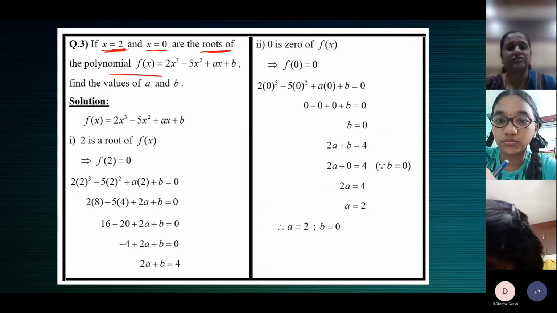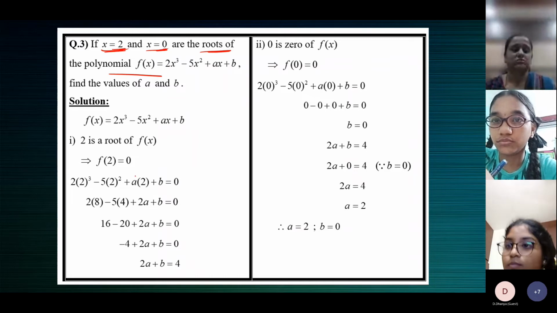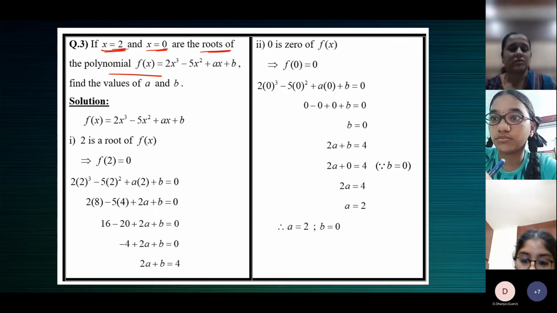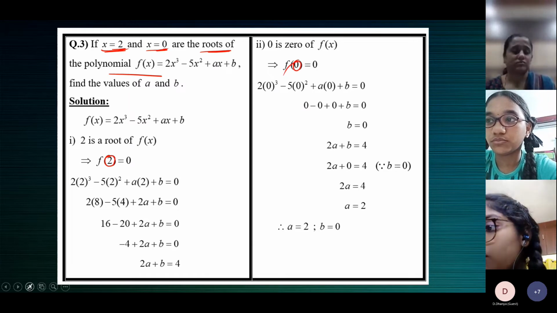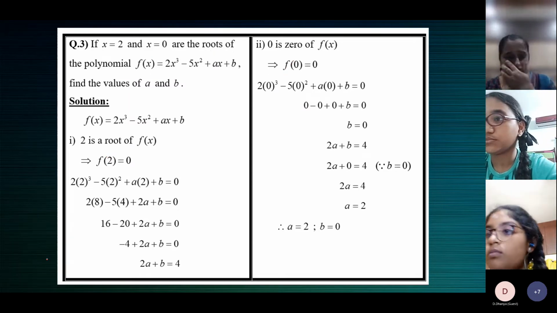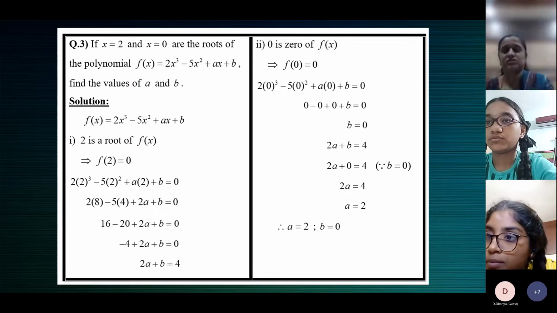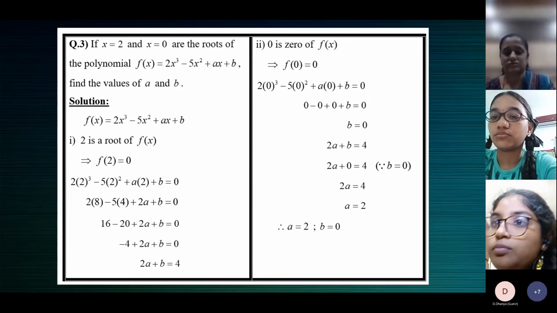That means the value of x is 2, the value of x is 0. Take a picture, children. Taken, ma'am.